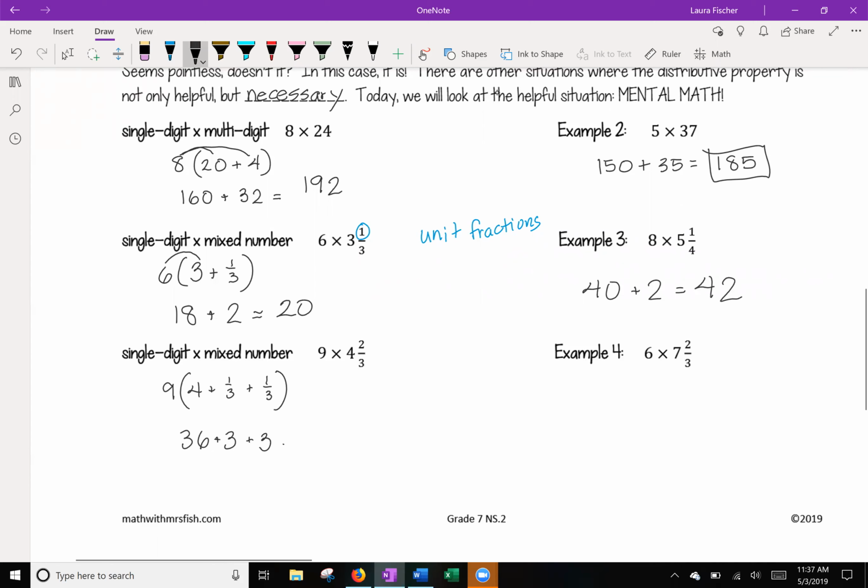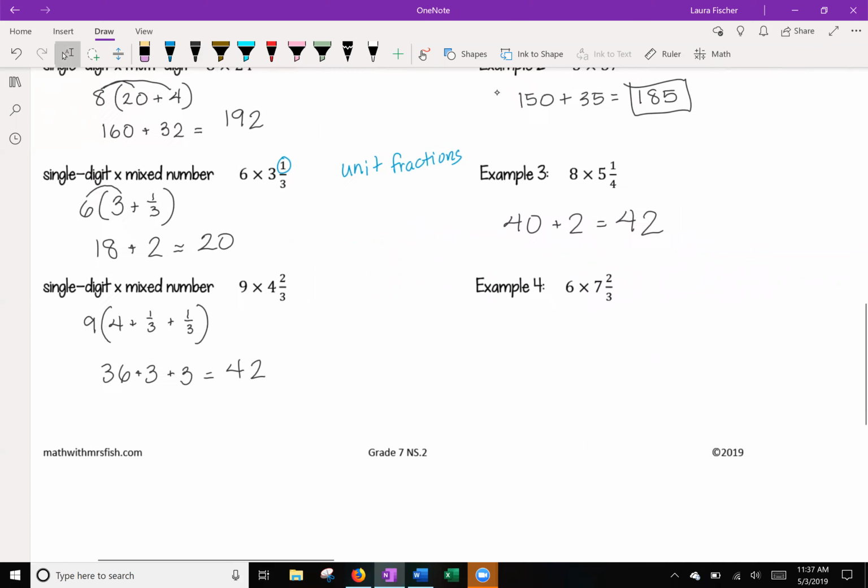And same thing. So I've got 36 plus 6 is 42. Total coincidence that it's the same answer as the previous example. So isn't this great? I'm such a dork, but I just love this.